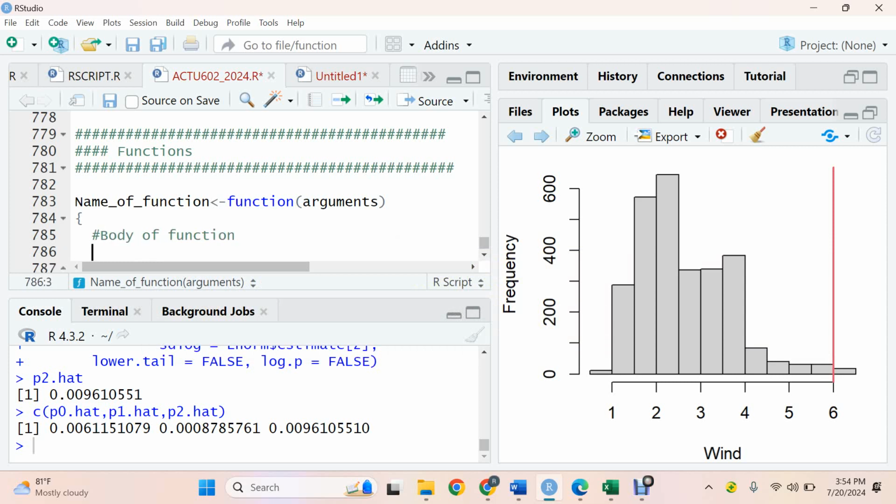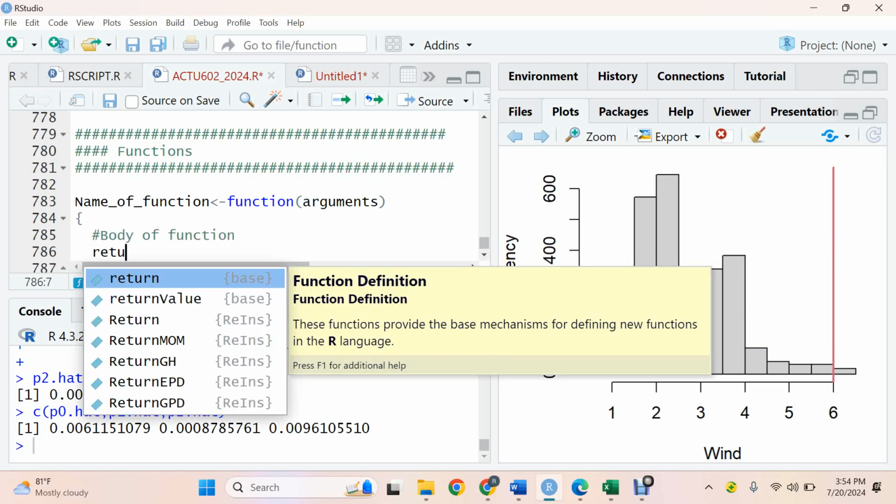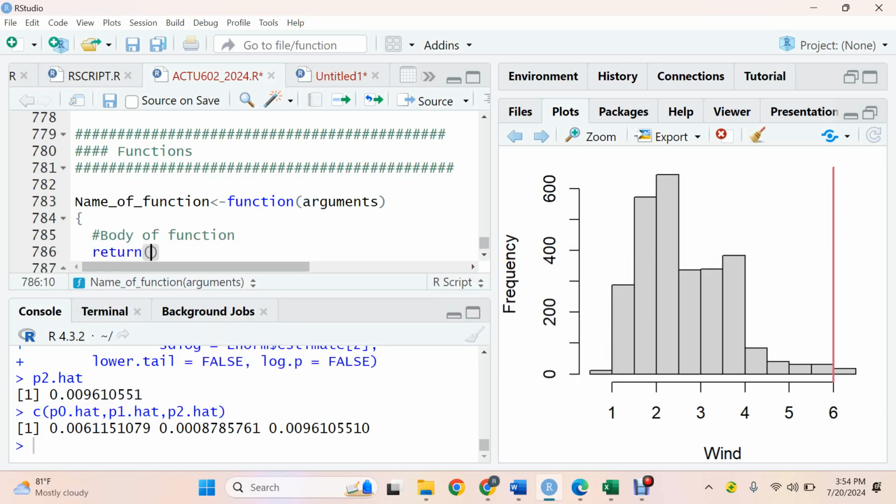Then return. And then return what? Return your answer, so to speak, or results, I should say.